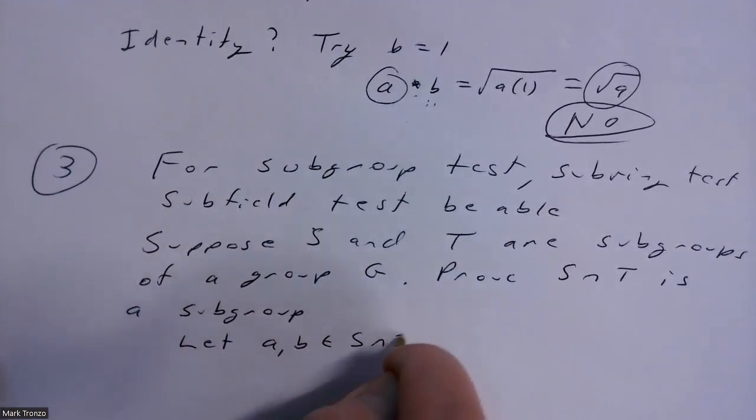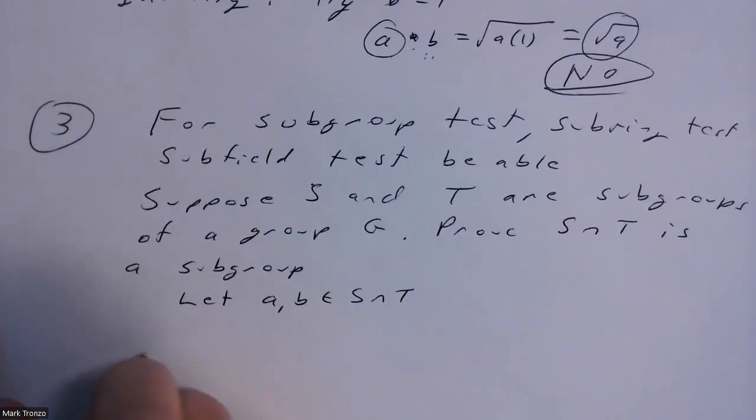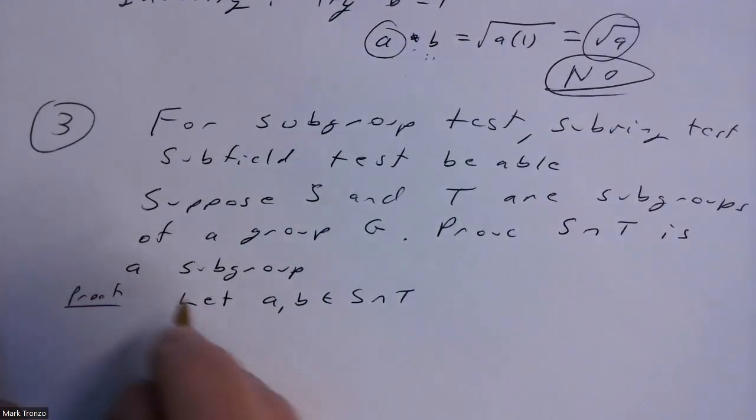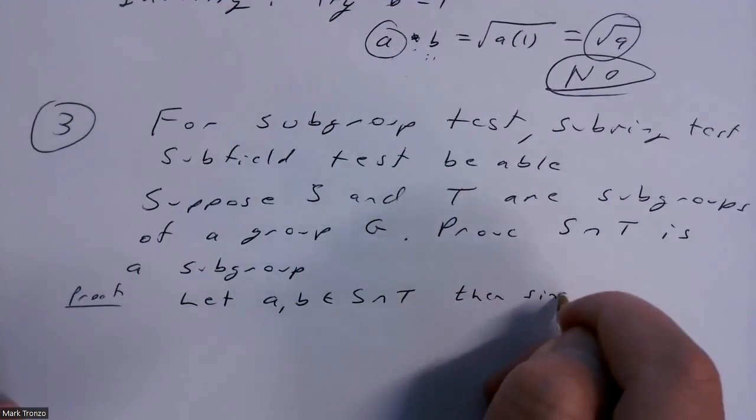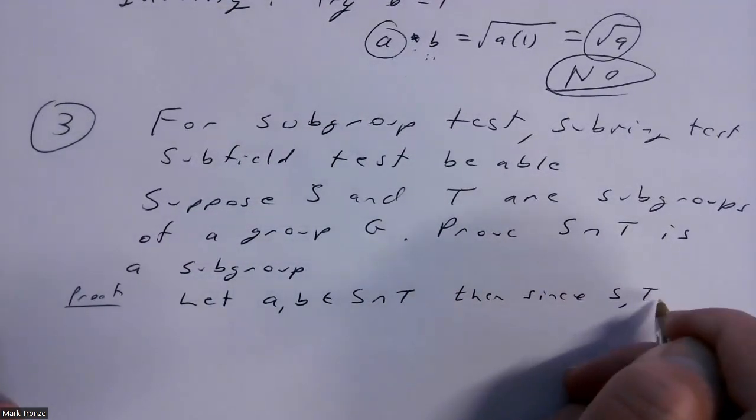So that A and B are in S intersection T. Again, like we did before, and all these work the same way.